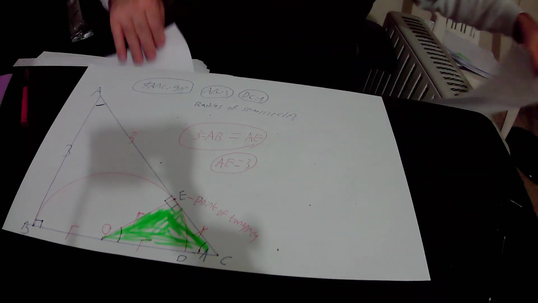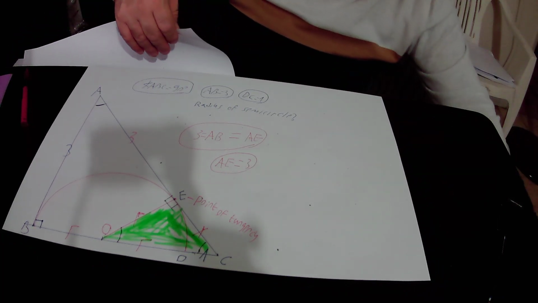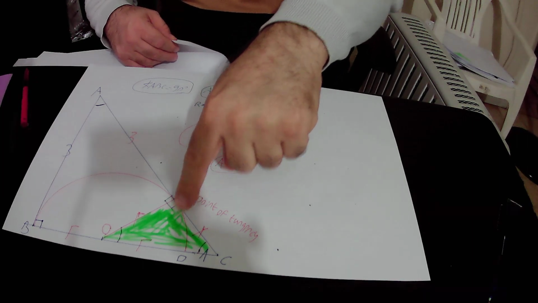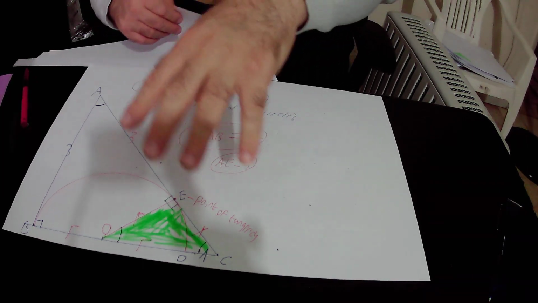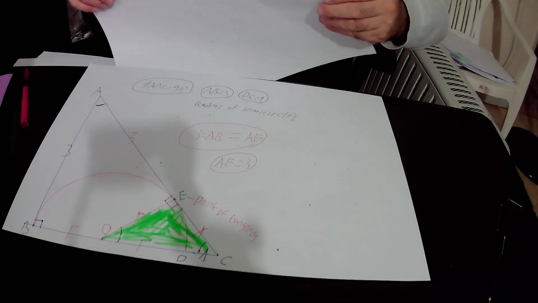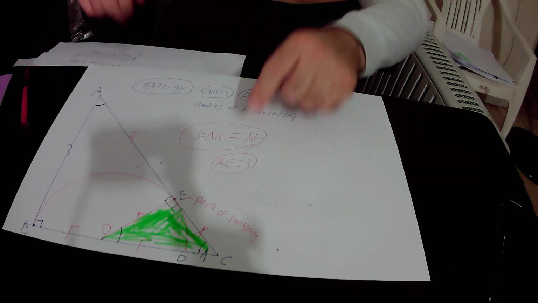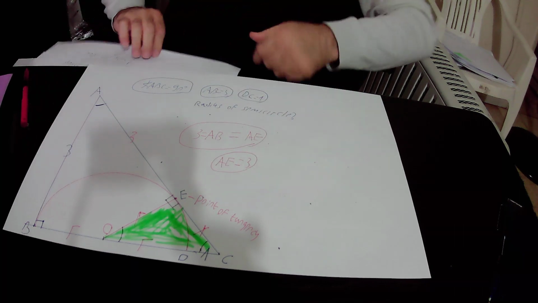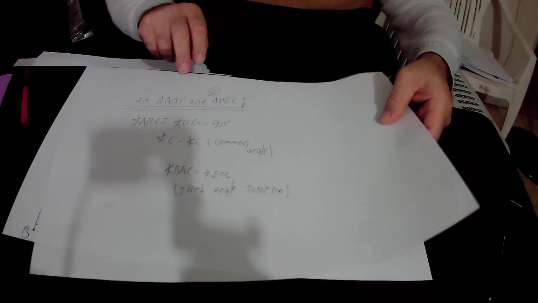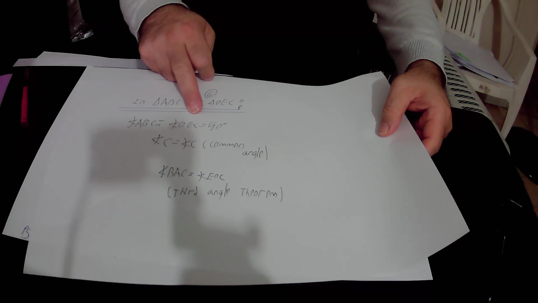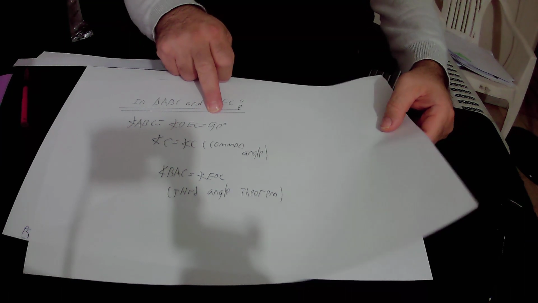Then we focus on the right triangle, triangle ABC, and the green right triangle, triangle OEC. And we prove that those two right triangles are similar to each other. First of all, we know that those two angles are equal to each other, they are right angles. So angle ABC in triangle ABC equals angle OEC in triangle OEC, and they are both equal to 90 degrees.